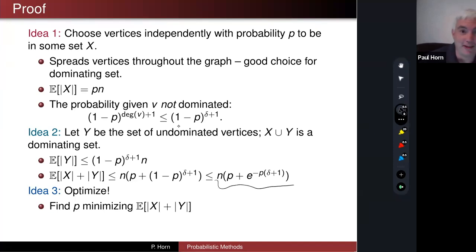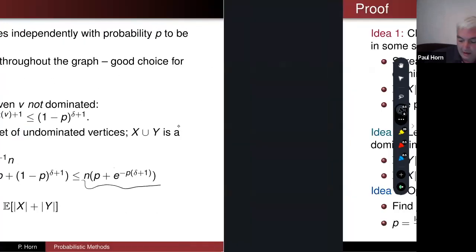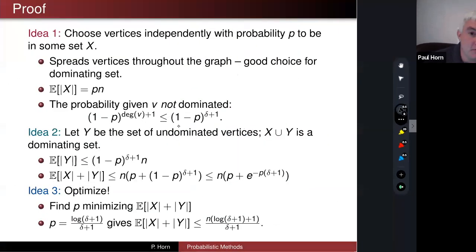Take the derivative, all that jazz. And I find if I take p to minimize this, then I get exactly the result I promised, that the expected size of this dominating set that I chose this way is at most what I pinky swore to you it would be, n (log(delta + 1) + 1) / (delta + 1).